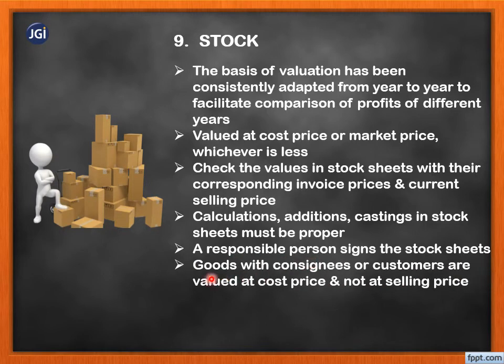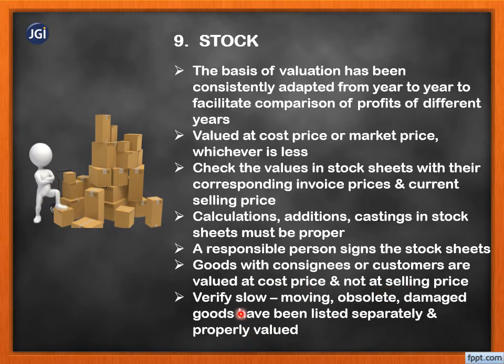He should also see that the goods with the consignees or with the customers are valued at cost price and not the selling price. The auditor should verify whether the slow moving, obsolete and damaged goods have been listed separately and are properly valued.